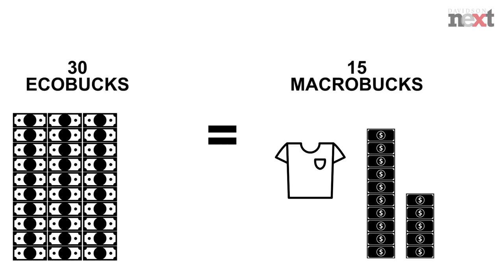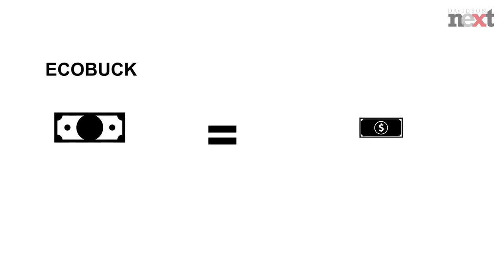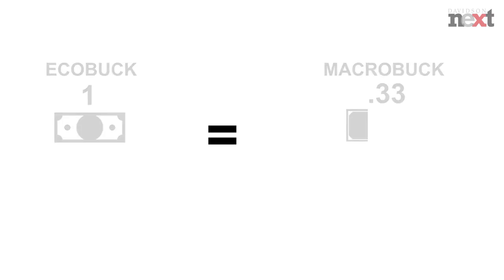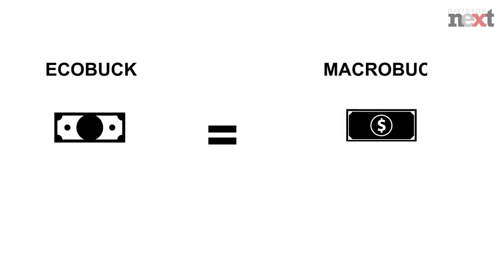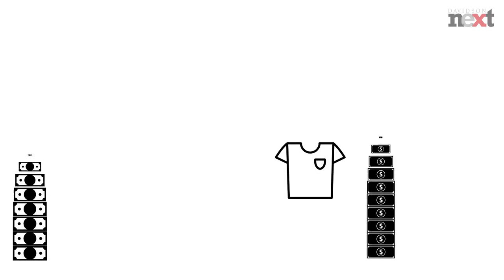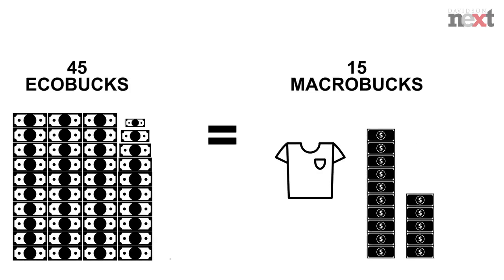Now let's see what happens if the exchange rate changes. Imagine that the EcoBuck exchange rate changes to a third of a Macrobuck per EcoBuck. Remember that this is equivalent to saying that the Macrobuck exchange rate is 3 EcoBucks per Macrobuck. Now, in order to purchase the t-shirt that costs 15 Macrobucks, you will need 45 EcoBucks.